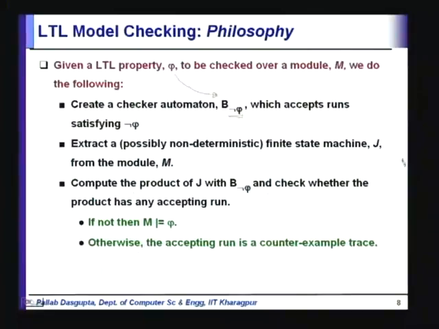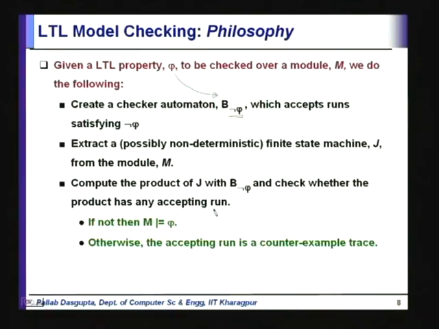You can treat that as non-determinism, that the next state inputs are decided non-deterministically. That is why the state machine J that you extract out from M can be a non-deterministic state machine. Then we compute the product of the state machine J with this automaton B of not varphi and check whether the product has any accepting run.